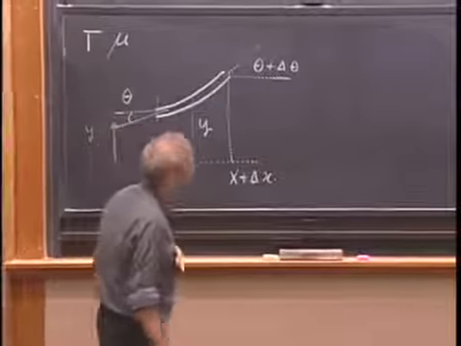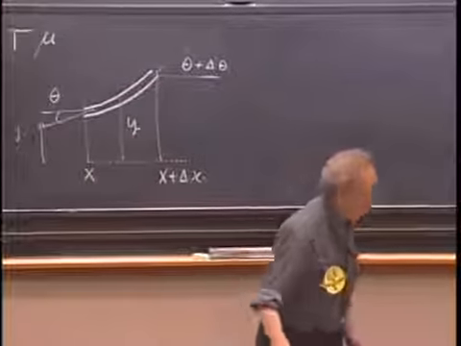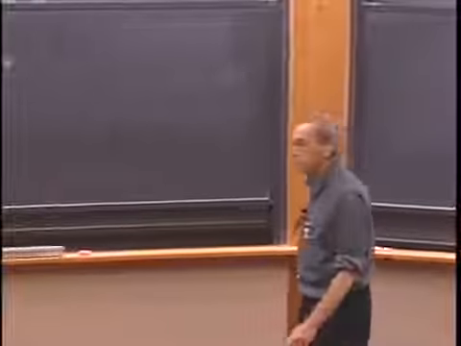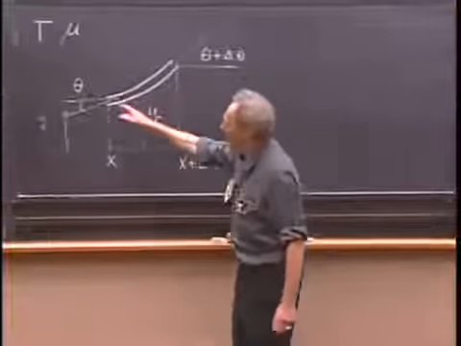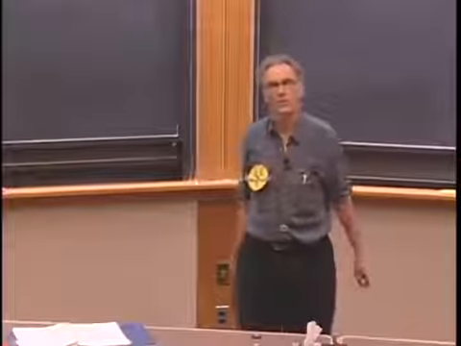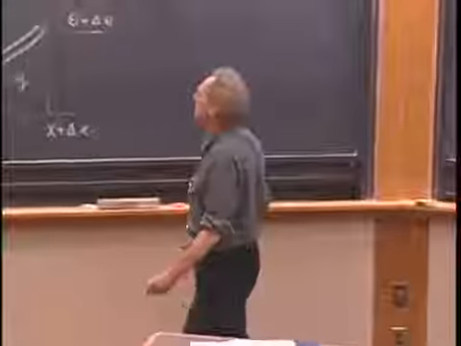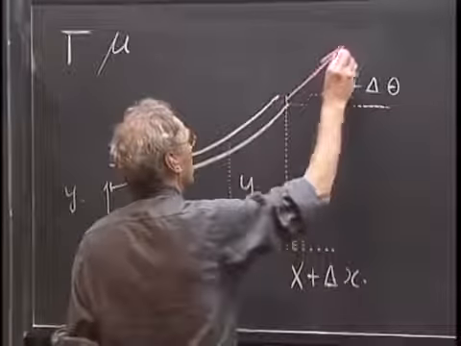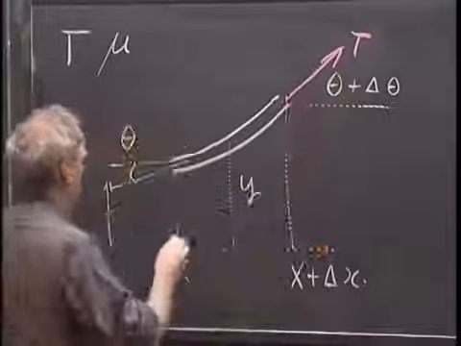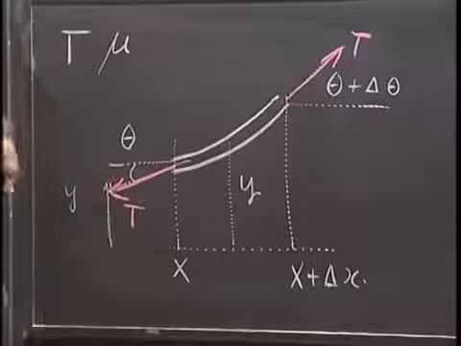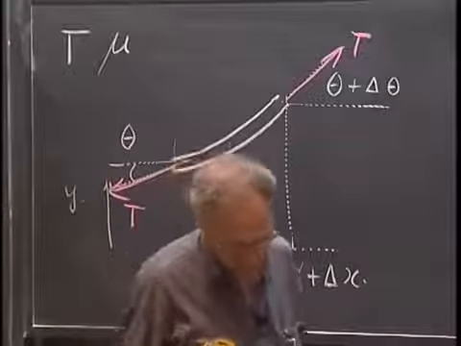Well, if our displacements are not absurdly high, then we can make the same assumption that we made with the beaded string, that the tension is the same on both sides. It's an approximation, but for modest amplitudes, it's a very reasonable approximation. So we have a T here, and we have a T there, and they are then, to a reasonable approximation, the same.